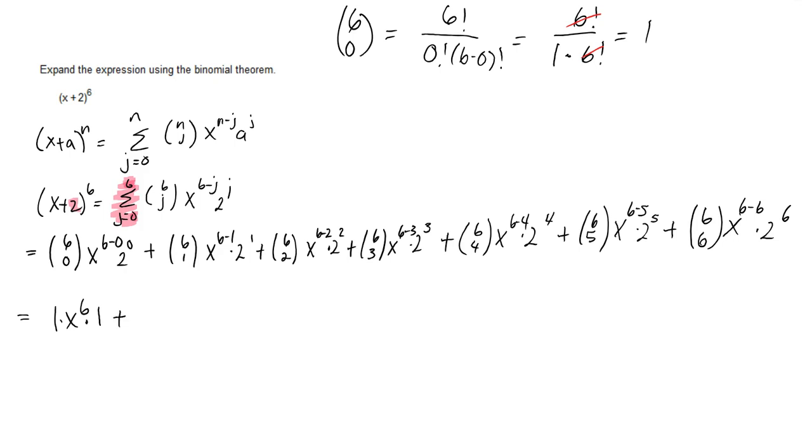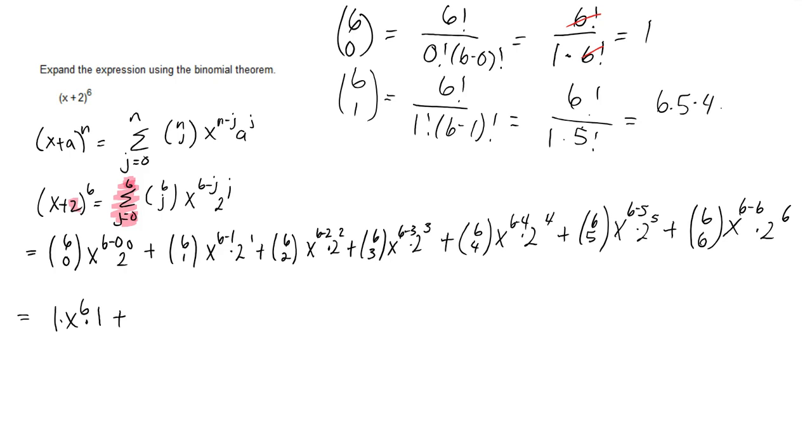Then we need to calculate 6 choose 1. With the combination formula, that's 6 factorial over 1 factorial times 6 minus 1 factorial. 1 factorial is 1, and 6 minus 1 factorial is 5 factorial. 6 factorial is 6 times 5 times 4 times 3 times 2 times 1, and 5 factorial is 5 times 4 times 3 times 2 times 1.